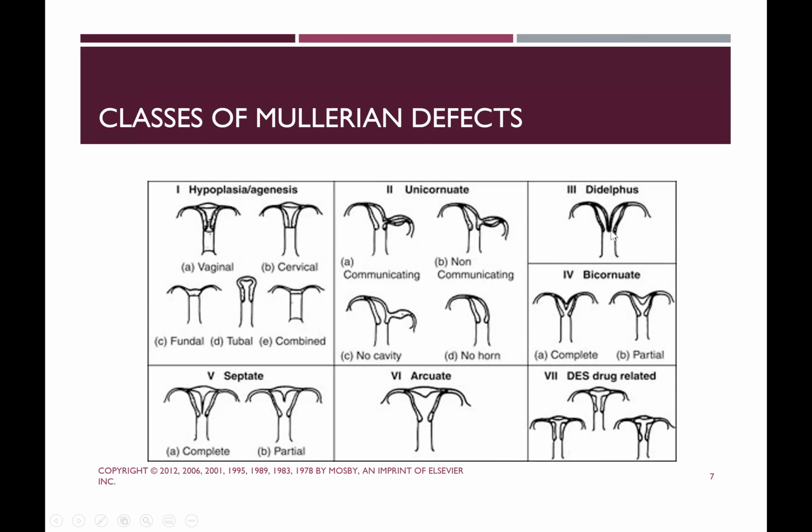The didelphys has two uteruses, the bicornuate has two horns, the septate has a septum going through the endometrium, and the arcuate. We also have what is called a DES, drug related, and it's a T-shaped uterus.